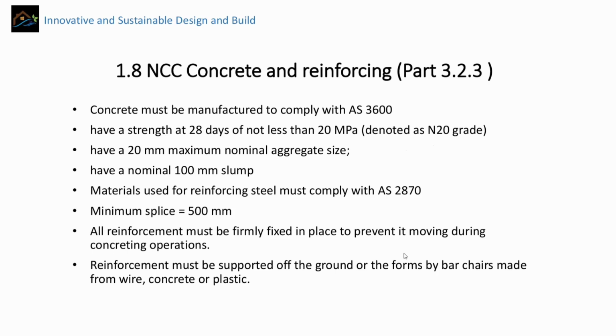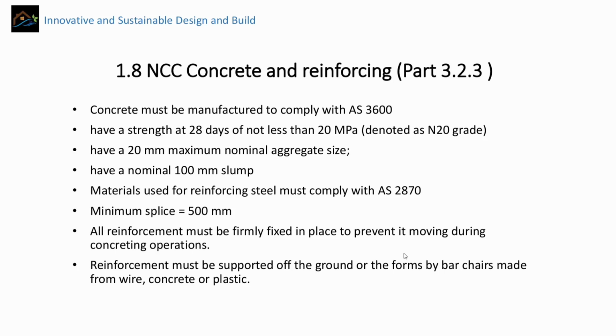And in Australia, we have a National Construction Code, and section 3.2.3 says that concrete must be manufactured to comply with Australian Standard 3600. So Australia has its own standard for concrete, and it must have a strength at 28 days of not less than 20 megapascals.